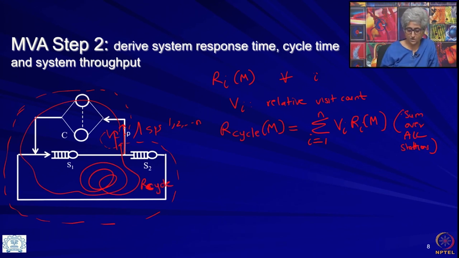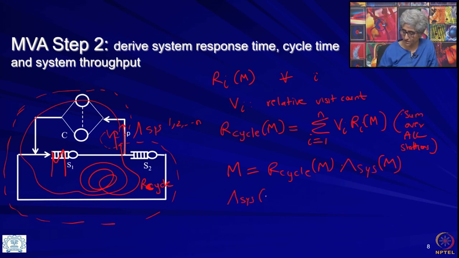If this is a Little's law region, we know that inside the region there is a fixed number of M requests, that is never going to change because it is a closed queuing network. So, I can apply Little's law and say M is equal to R cycle M multiplied by lambda sys M. So, from here the metric that I get is lambda sys M is equal to M by R cycle M. So, we got system throughput.